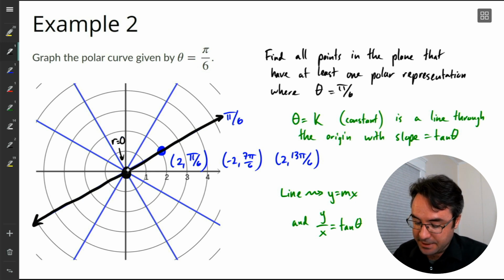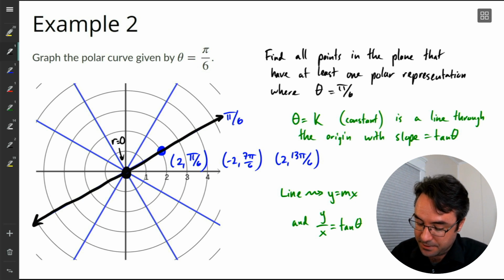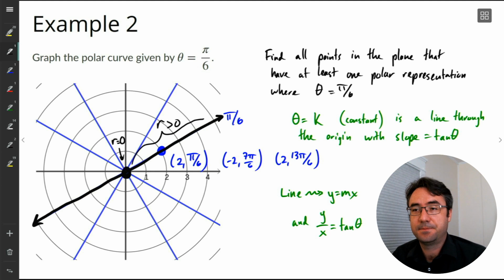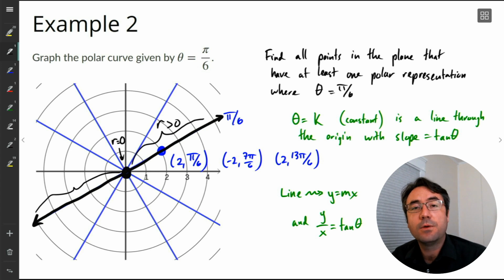Now, what about to get this positive section of the pi over 6 ray, this right section here? Well, to get this, we would need the r value to be positive. And then if we look at this section over here, what would we need over here? Well, this is where we would need r to be negative.